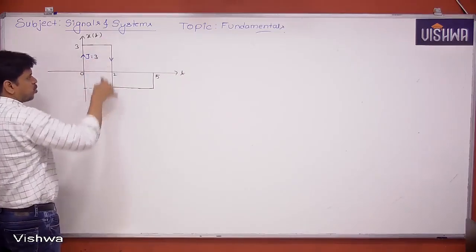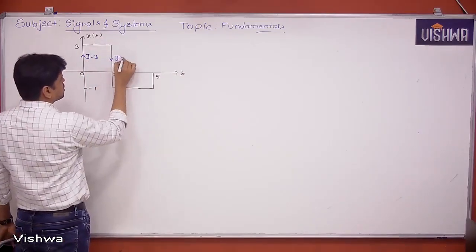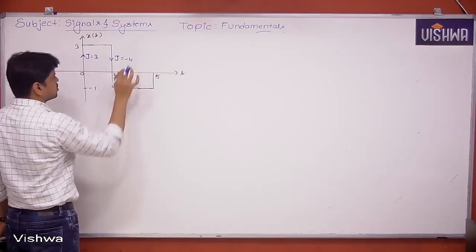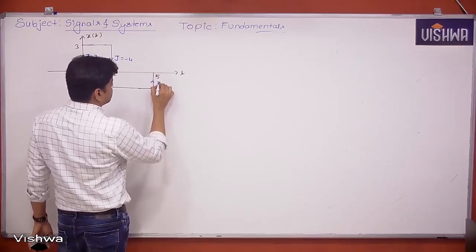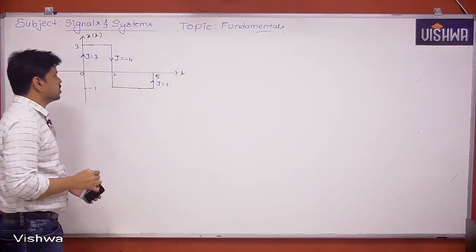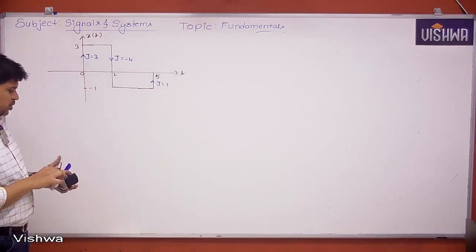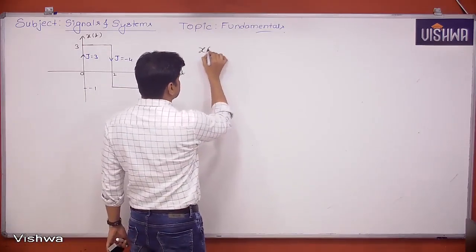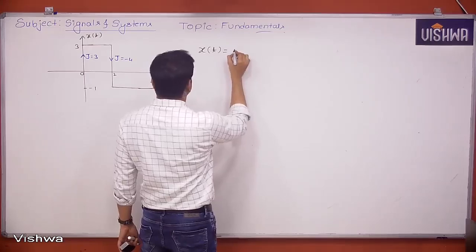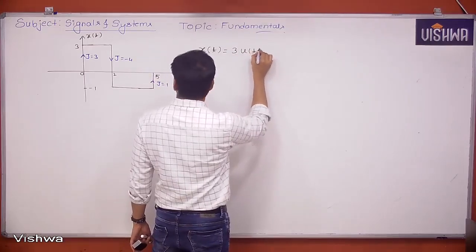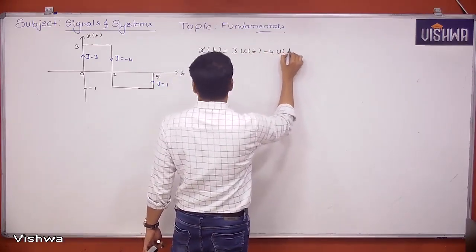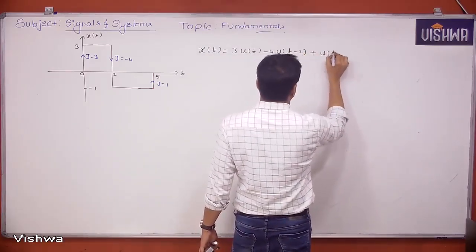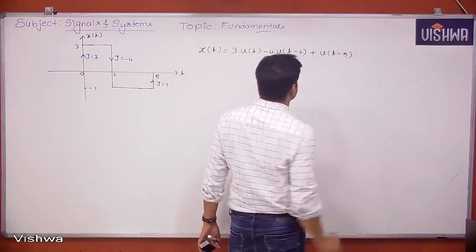At 2 there is a downward jump. How much is the jump? 3 to minus 1. That is minus 4 is the jump. At 5 there is a jump of 1 unit. Okay, so that's what the jump values. So we can write directly x of t in terms of shifted step function: 3 u of t minus 4 u of t minus 2 plus u of t minus 5.